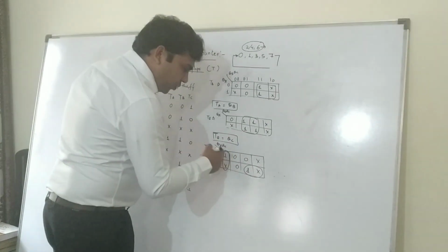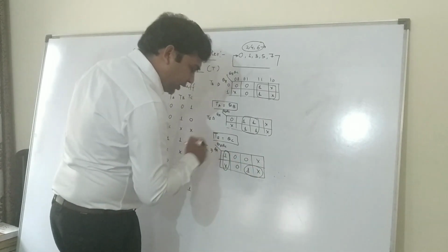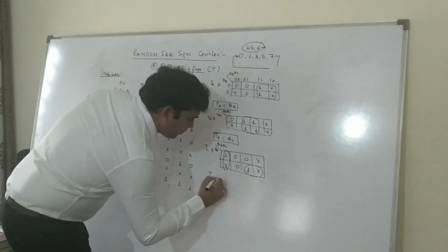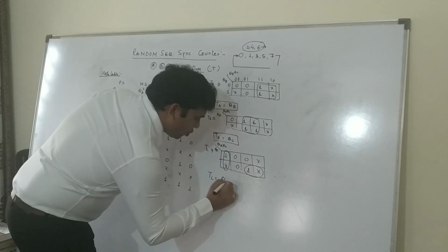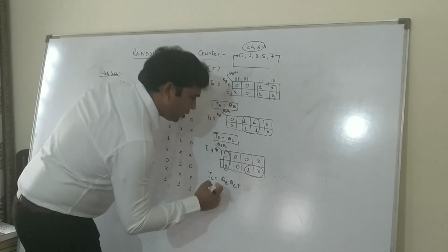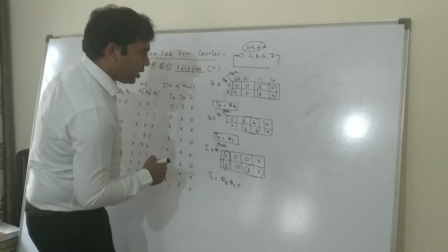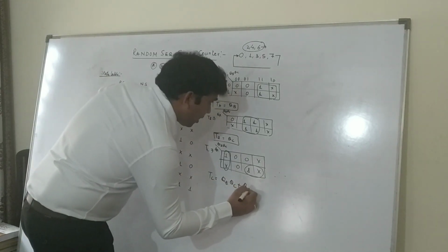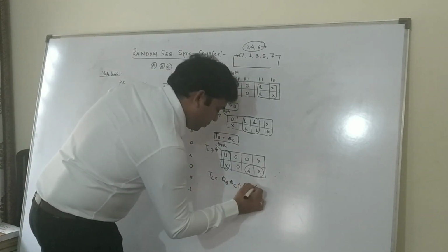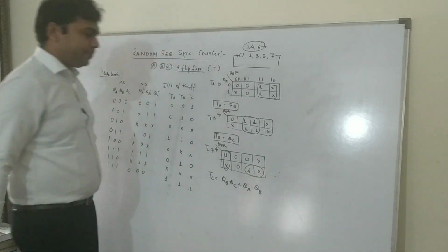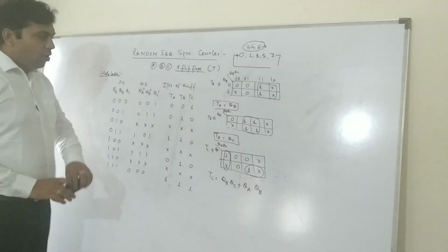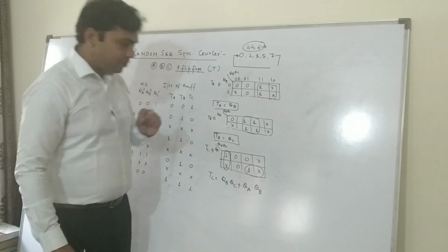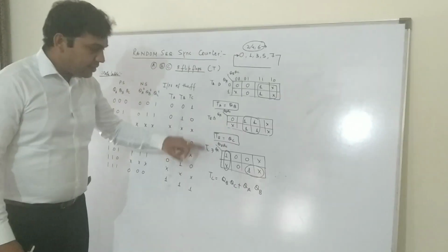You can have QB QC, you can have this. So TC will be QB QC, or this will be QA QB. So now I have the functions TA, TB, TC.